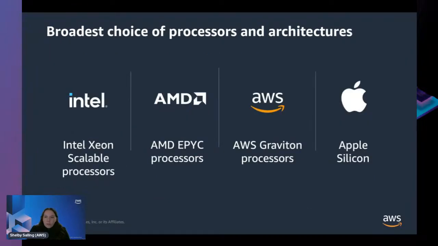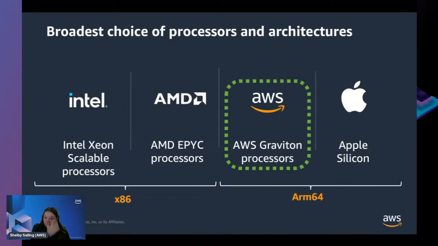We also have the broadest choice of processors, including a full range of Intel Xeon processors. We leverage the EPYC processors from AMD. Those are powerful but cost-effective options for x86-based workloads. But today we're going to focus on our ARM64 ecosystem, specifically on our AWS Graviton family of processors.